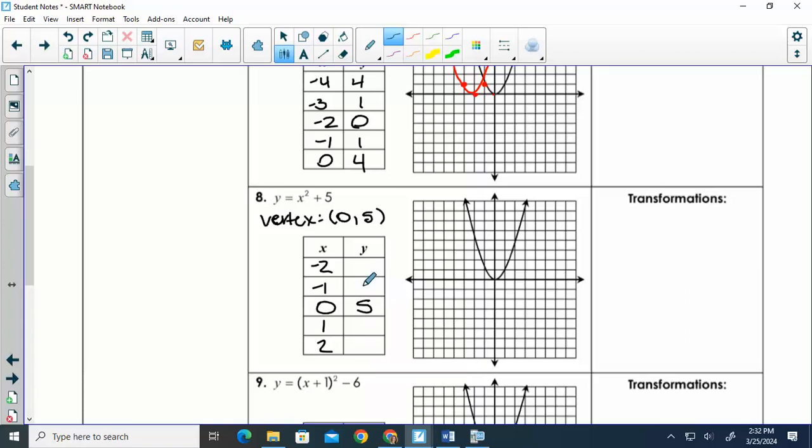So use your table feature, and let's get the rest of these points. So -2 gives me, -1, (0, 5), (1, 6), and 2.